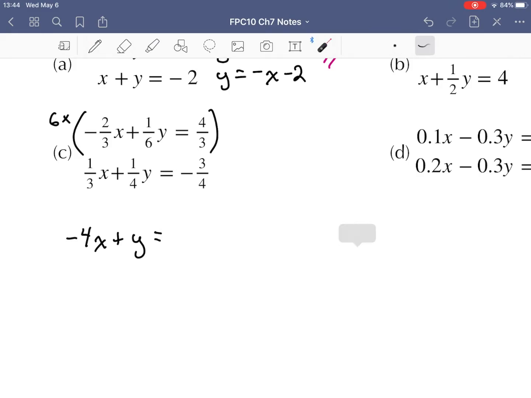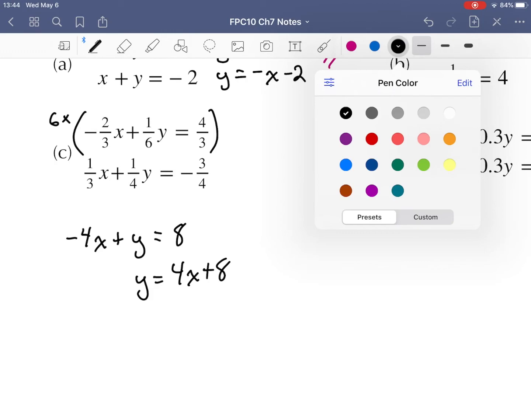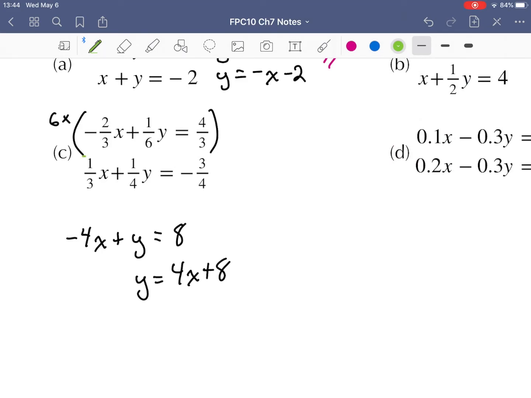So I'm going to get -4x plus y equals 6 times 4 is 24, 24 divided by 3 is 8. So it's going to end up being y is equal to 4x plus 8. That was my first one.